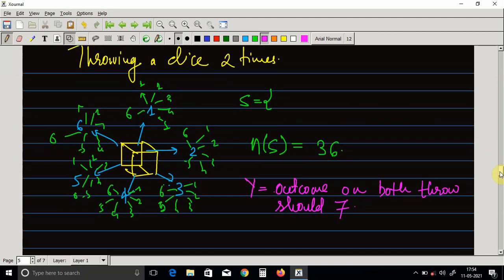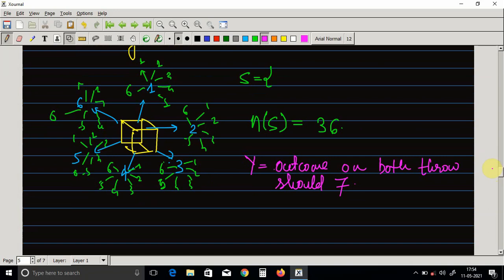So the random variable here is the sum of the outcomes on both throws, which should be 7. You have to think which outcomes are going to give you the sum of 7.